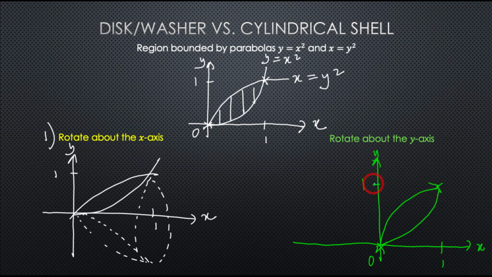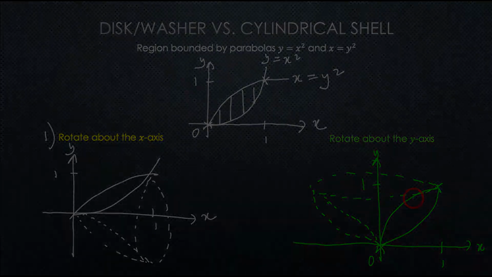This is the center, you will have one circle like this, and this is another function. This region, rotated, you will get a volume. The volume generated by this region, not the inside, but this region.